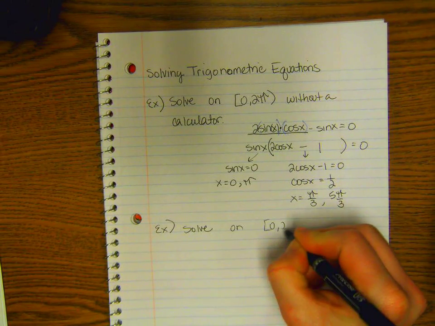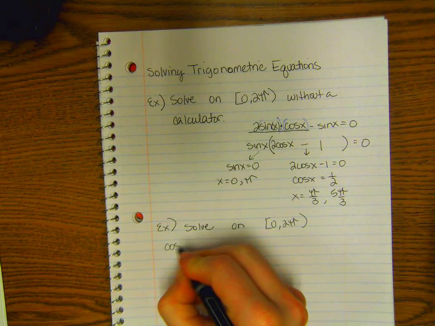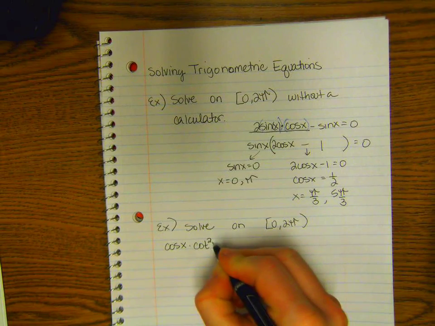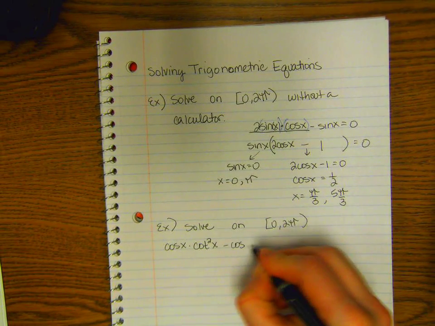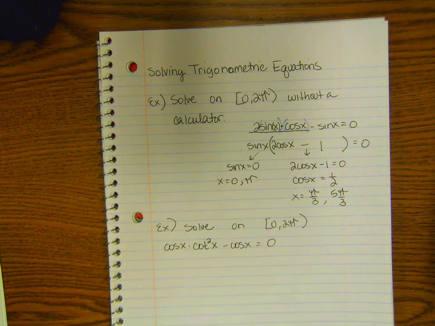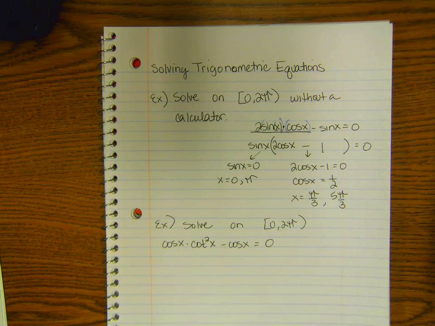Okay, so we're going to do cosine of x times cotangent squared of x minus cosine of x equals 0. Okay, so this is another common factoring one.